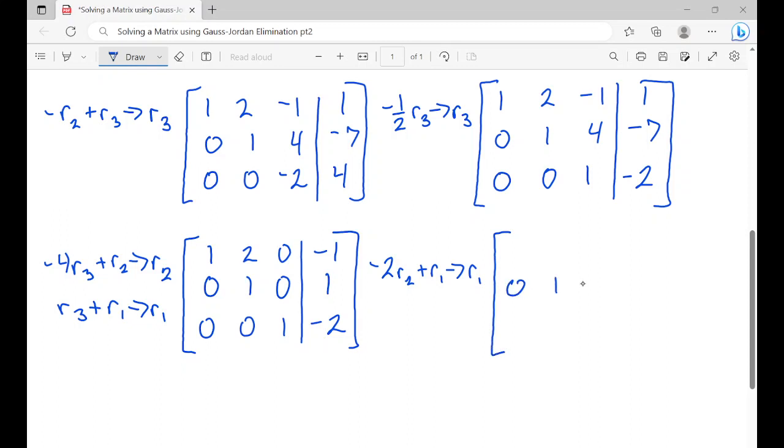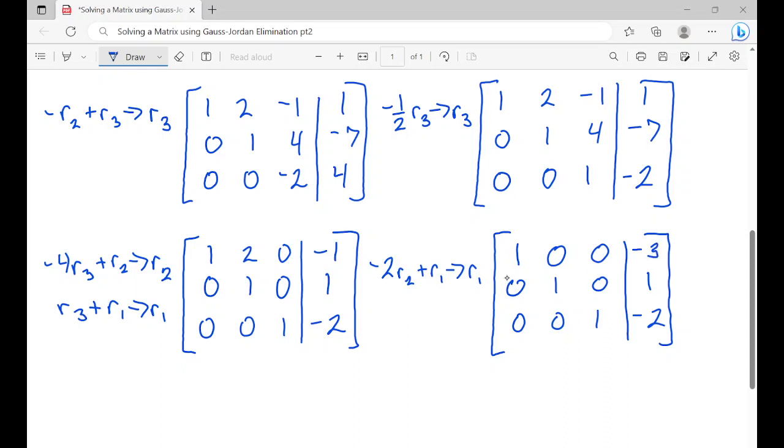So 0, 1, 0, 1, 0, 0, 1, negative 2. And now 0 times negative 2 is 0 plus 1 is 1. Negative 2 times 1 is negative 2 plus 2 is 0. Negative 2 times 0 is 0 plus 0 is 0. And finally, negative 2 times 1 is negative 2 plus negative 1 is negative 3.